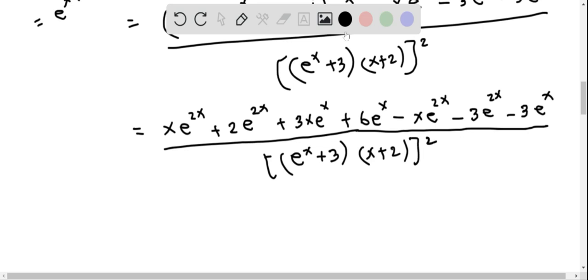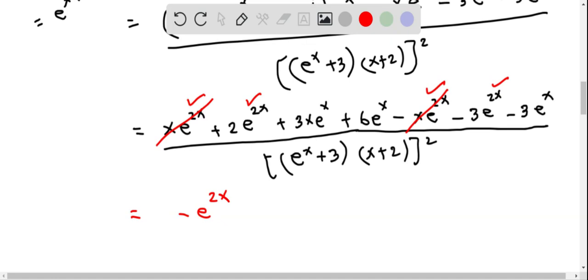Now let's look out for the like terms and simplify them. We have x e power 2x, and we have negative x e power 2x, so these two get cancelled. And then we have 2 e power 2x. We also have minus 3 e power 2x, so therefore it becomes minus e power 2x.